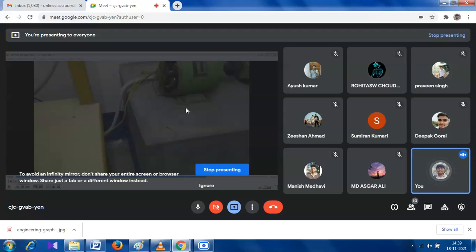What is the name of that plate? Where is it written? On the generator. What is it called? The name of that plate is name plate.